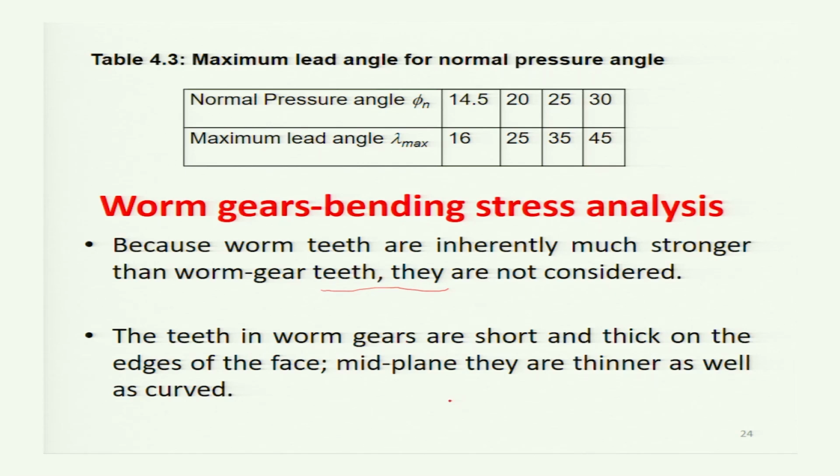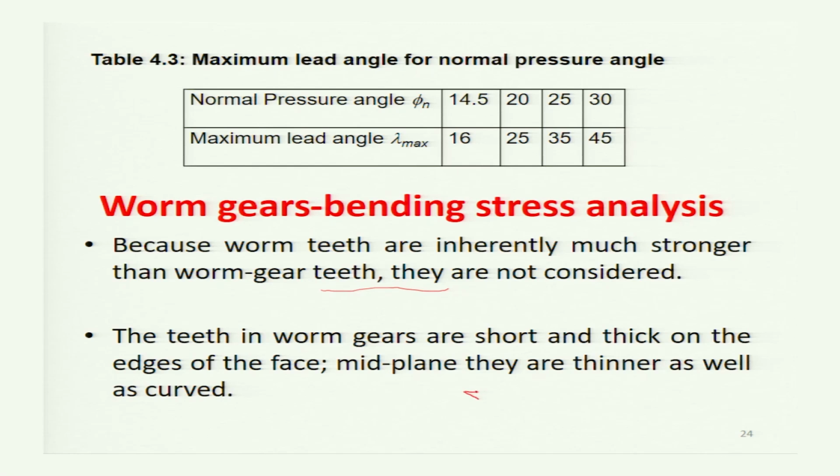Now, worm gear bending stress analysis. Because worm teeth are inherently much stronger than worm gear teeth, they are not considered for this analysis. The teeth in worm gears are short and thick on the edges of the face. At the mid plane they are thinner as well as curved because of the enveloping nature.